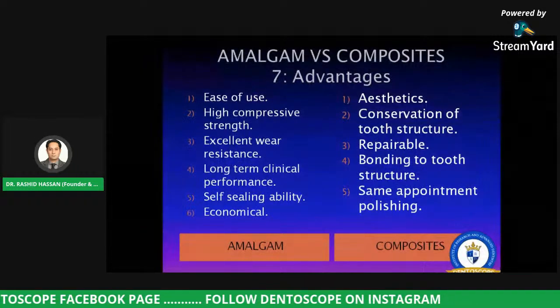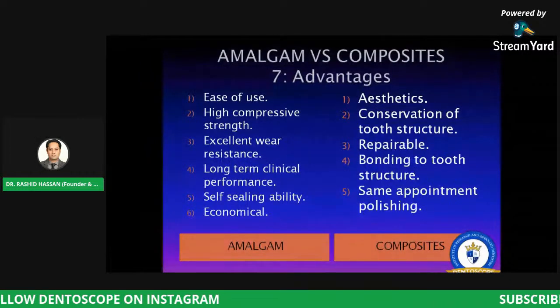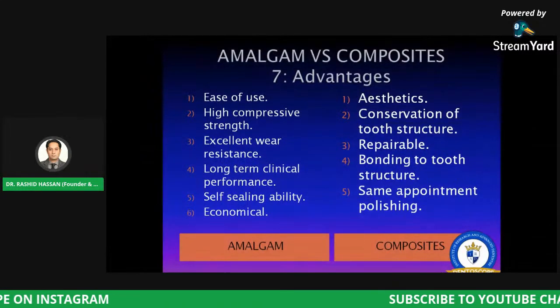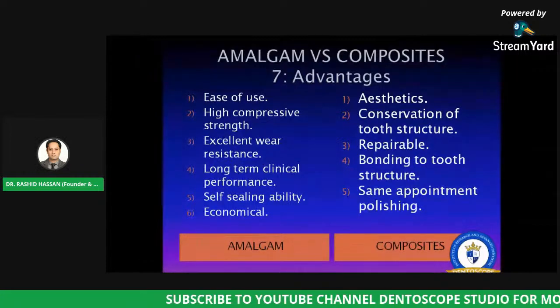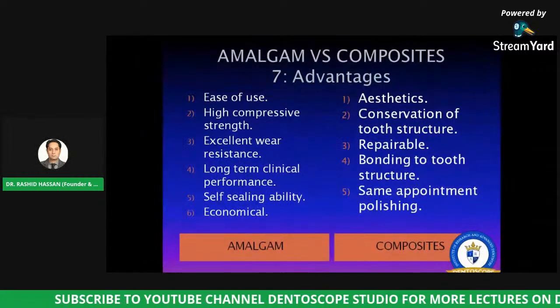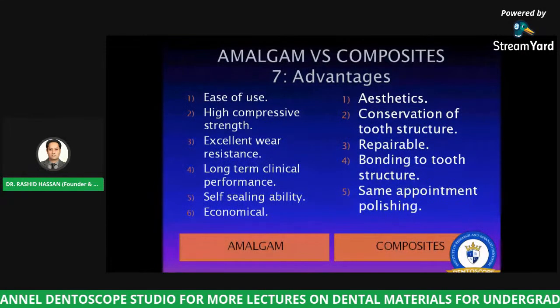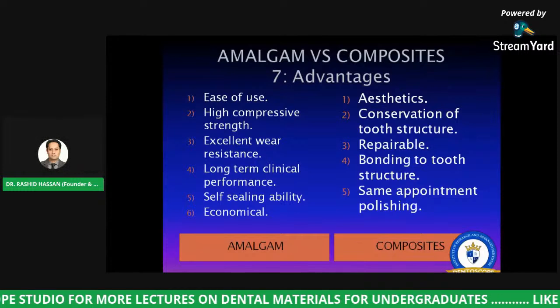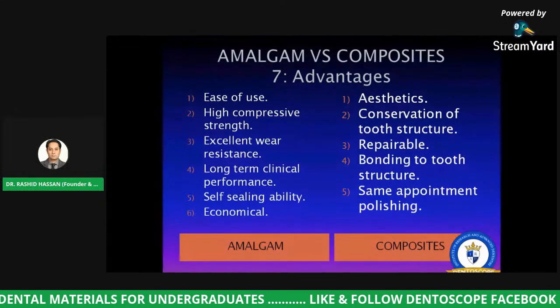Now let's talk about the dental composites. The advantages. First, the major advantage over dental amalgam is the aesthetics. It is aesthetically acceptable. We can easily fill the anterior teeth with dental composites. The second thing is the conservation of the natural tooth structure. I told you for dental amalgam, we have to grind the natural tooth as well: extension for prevention.